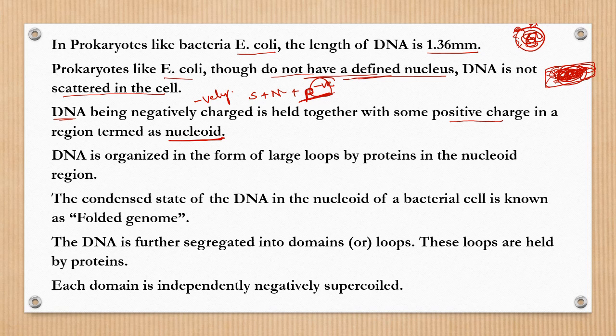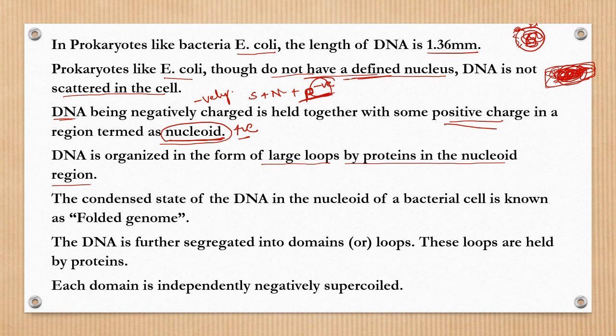This negatively charged DNA is held together with some positive charge in the region termed the nucleoid. Due to this, it is present in that region. DNA is organized in the form of large loops by proteins in the nucleoid region.